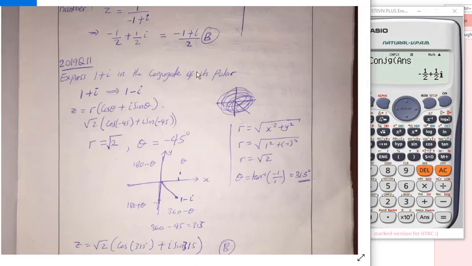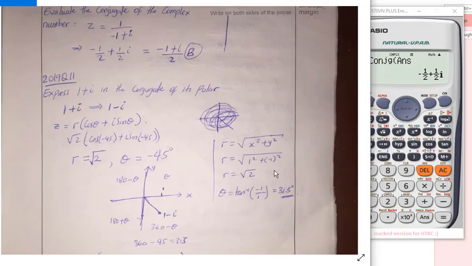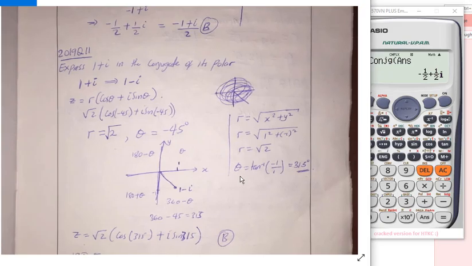Don't forget, the conjugate of 1 plus i is 1 minus i. So you get r is root 2, and theta is 315. But if you press this on the calculator, you get minus 45.